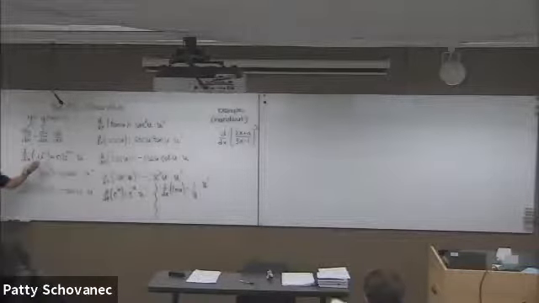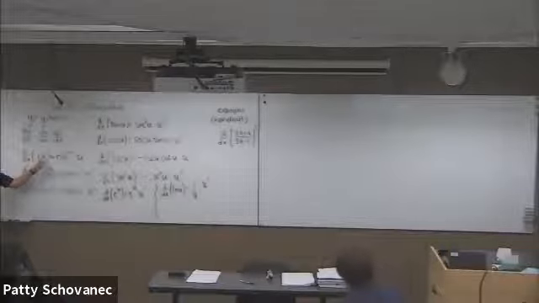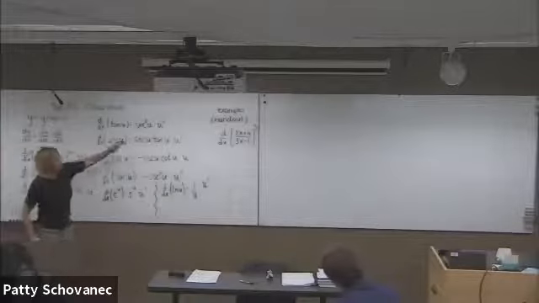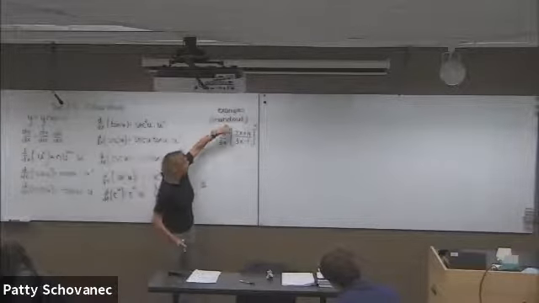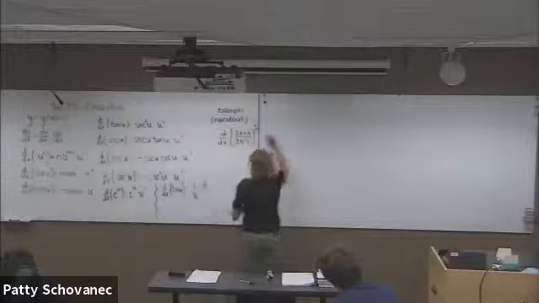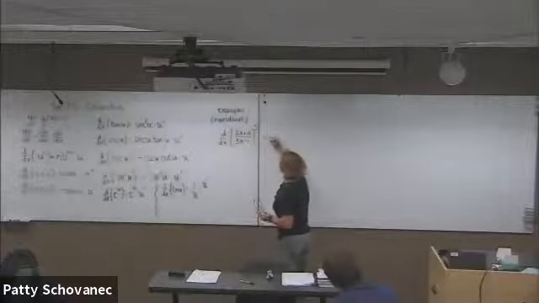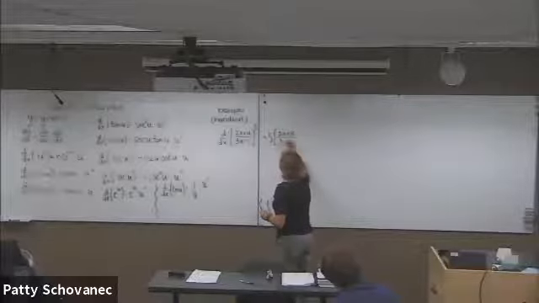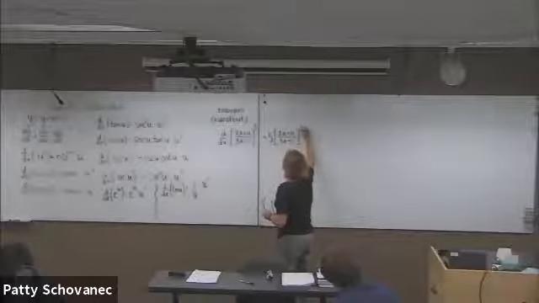We've got stuff to a power. So we're going to start by bringing the power down, leave that stuff alone, raise it to 1 power less. So we're operating on the 5. 5 times blah to the 4th. General power rule. 5, keep this the same. Raise it to the 4th.